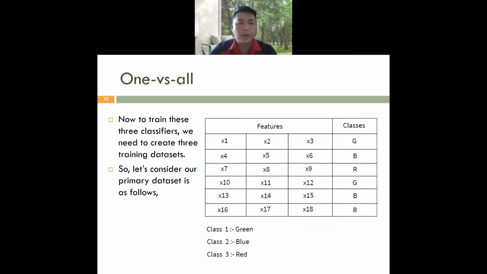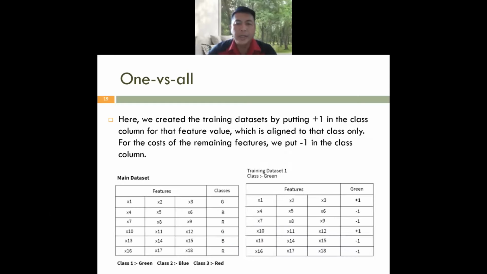How do we perform this in the actual data set? We will have three classifiers, based on the number of classes that we have here.